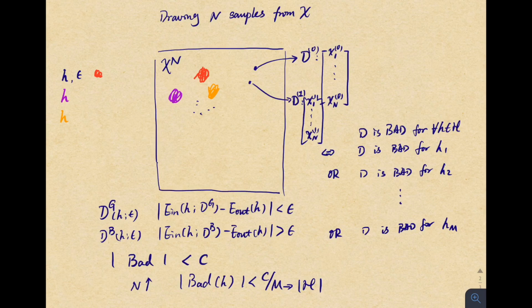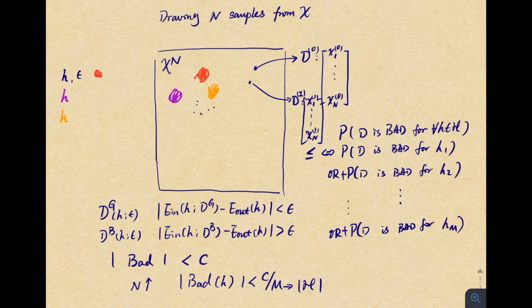If we consider the probability of this event, we can see that the probability D is bad for any hypothesis in capital H is smaller or equal to the probability it is bad for hypothesis 1, plus that for hypothesis 2, and so on all the way to the probability it is bad for hypothesis HM.